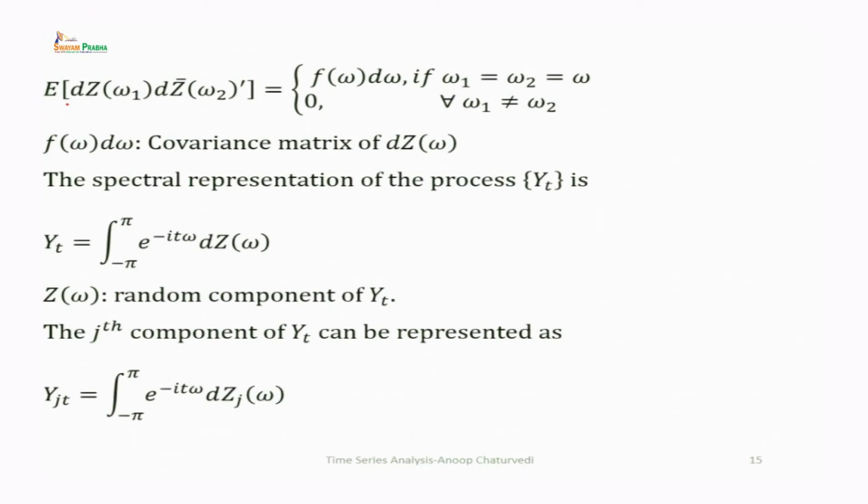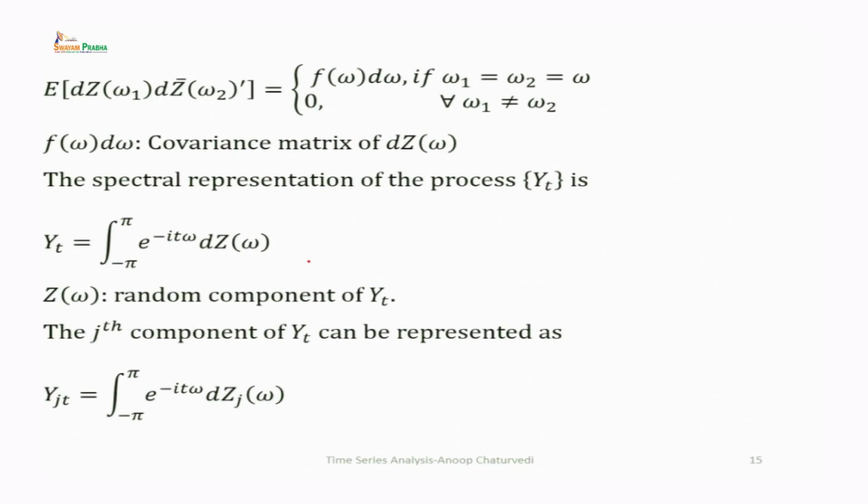Expectation of d z omega 1 d z bar omega 2 transpose is equal to f omega d omega if omega 1 is equal to omega 2 equal to omega, and 0 otherwise. F omega d omega is the covariance matrix of d z omega. Then the spectral representation of the process y t is y t equal to integral from minus pi to pi e to power minus I t omega d z omega.